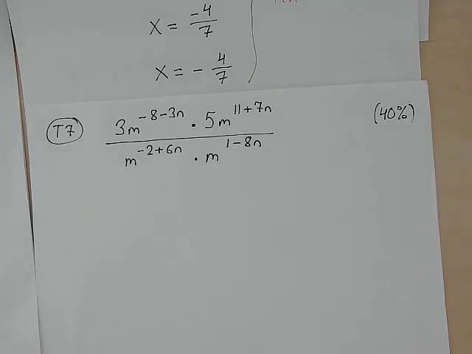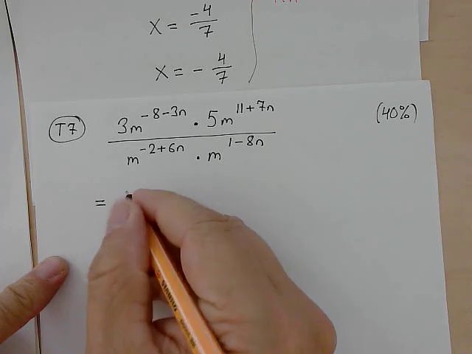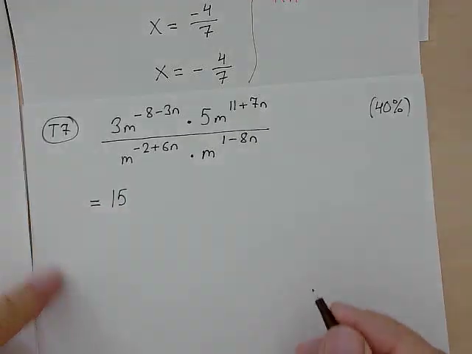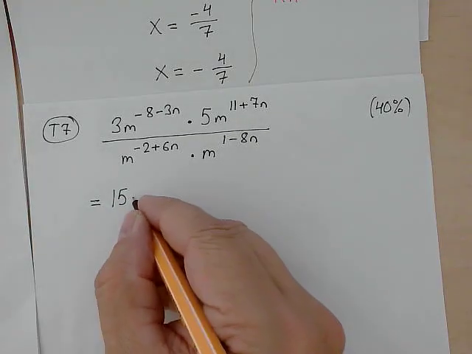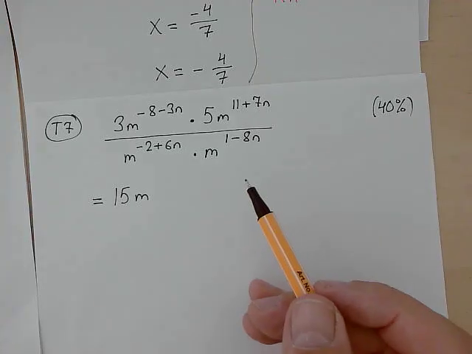What would you do? Nearly right. 3 times 5. And then because it's indices and the powers, we will add them. It is multiplication.